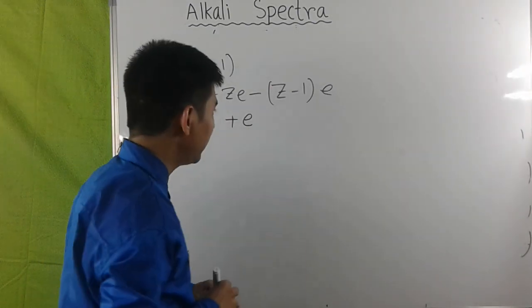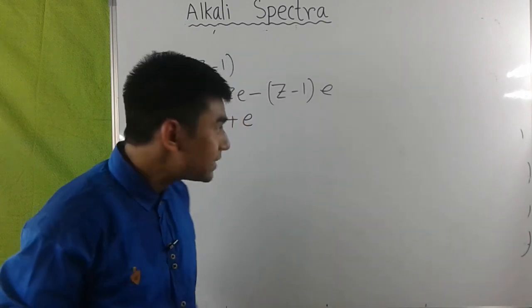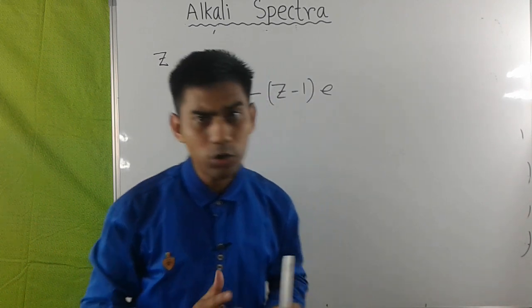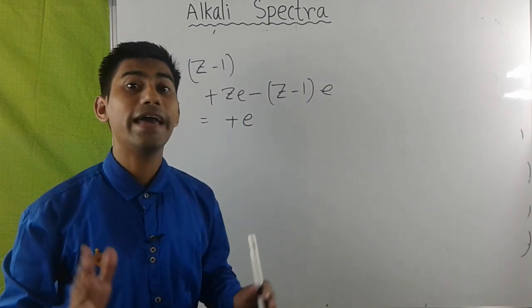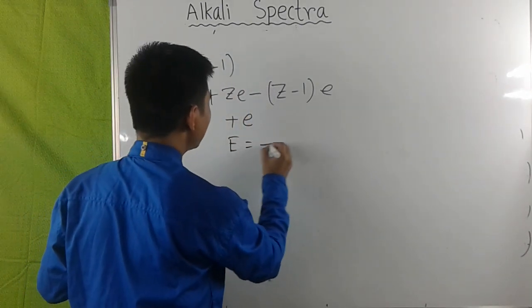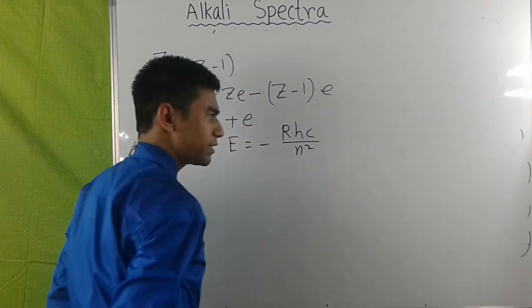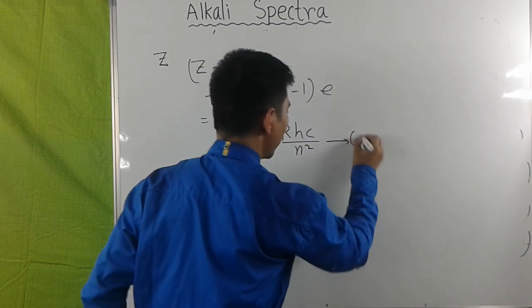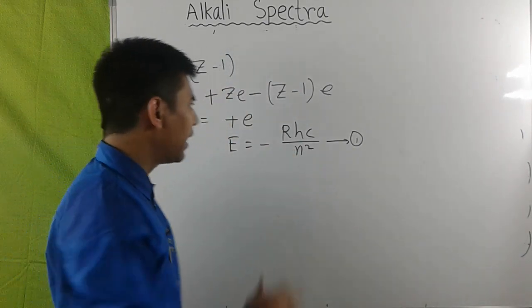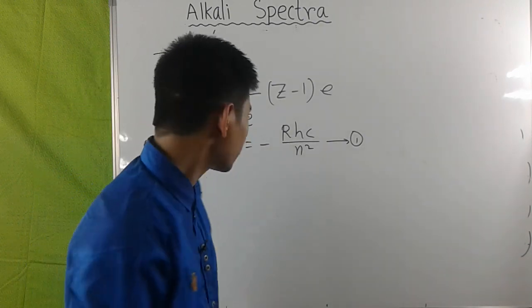And so from the optical point of view, the structure of the alkali atom would be similar to that of the hydrogen atom, and so the energy value will be E equals minus RHc by n square. Suppose this is equation 1. Now here n is the principal quantum number, R is the Rydberg constant, h is Planck's constant.